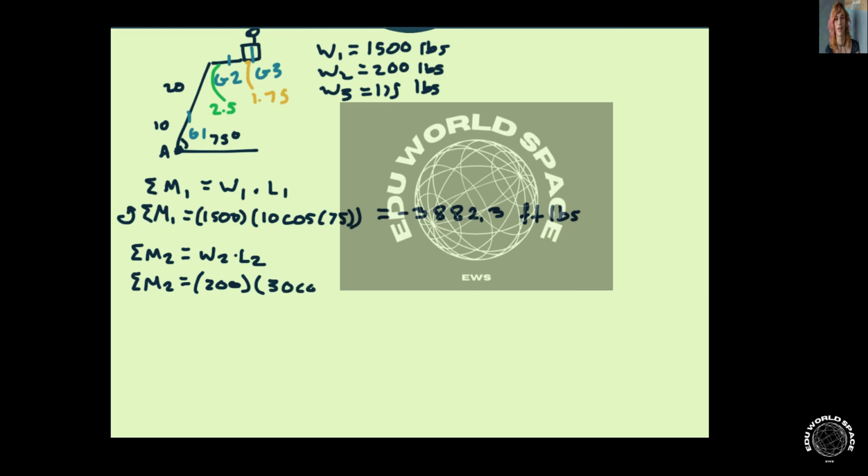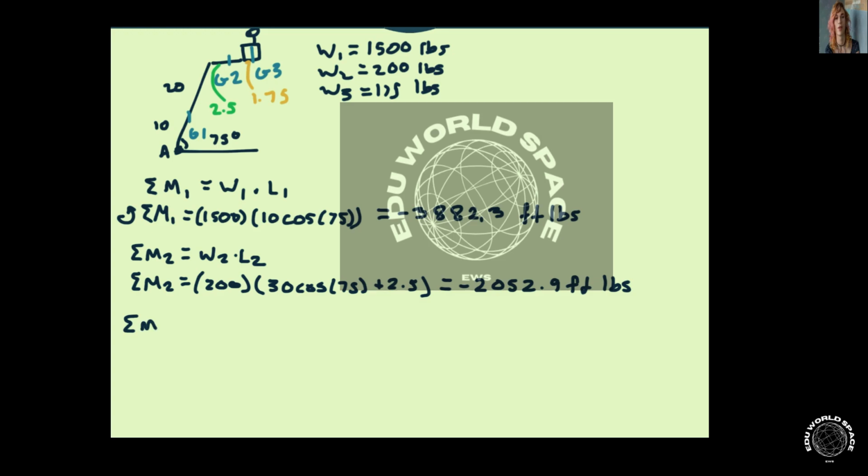It's going to be 30 times the cosine of 75 degrees, and inside those parentheses, we're going to have plus 2.5. And this is going to come out to negative 2,052.9 foot-pounds. Once again, this is because it's oriented in the clockwise direction, and what we're holding as positive here is counterclockwise.